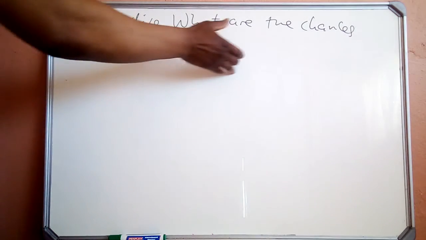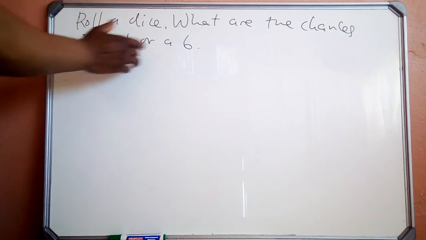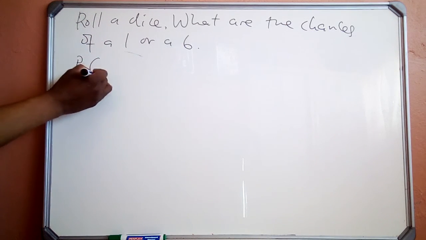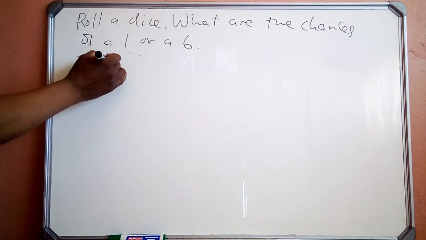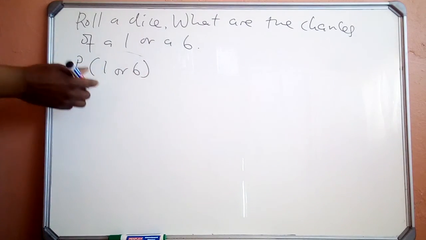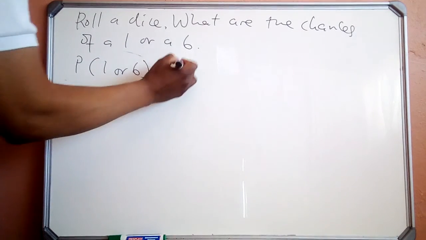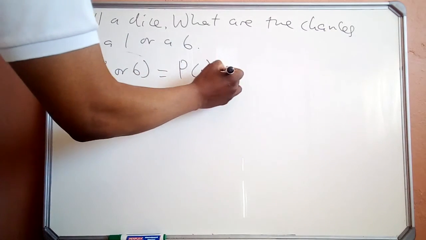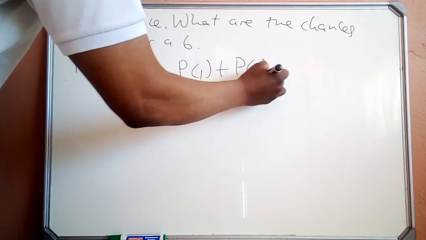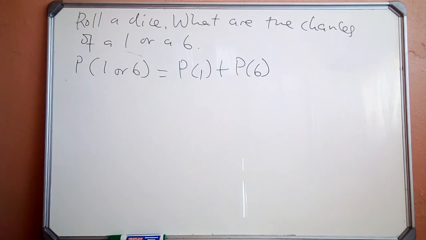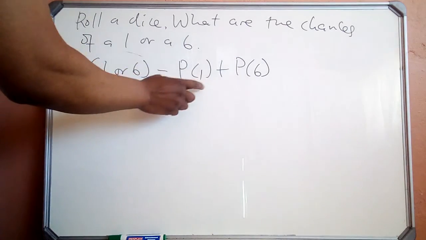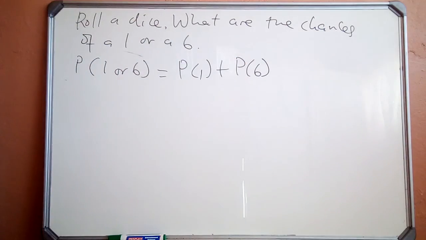In probability, the chances of a 1 or a 6, we write as P(1 or 6), with the 1 or 6 in brackets, is equal to the probability of 1 plus the probability of 6.